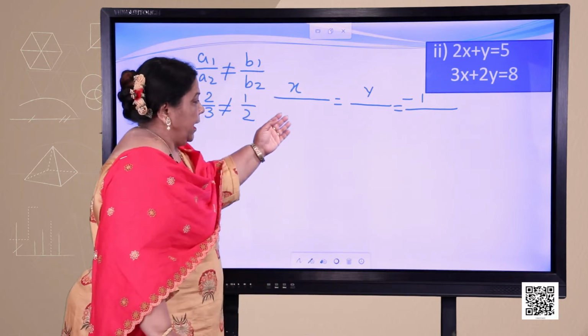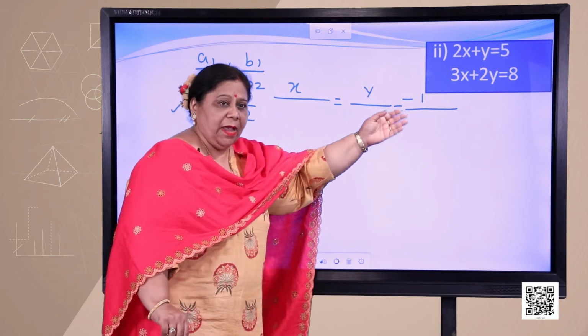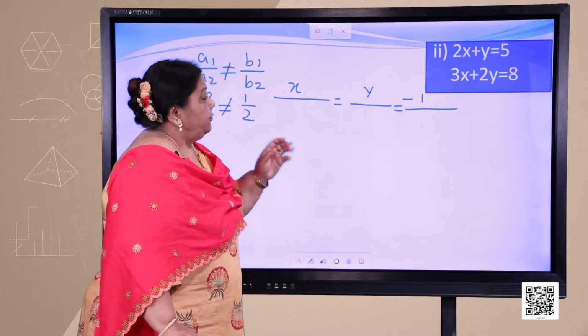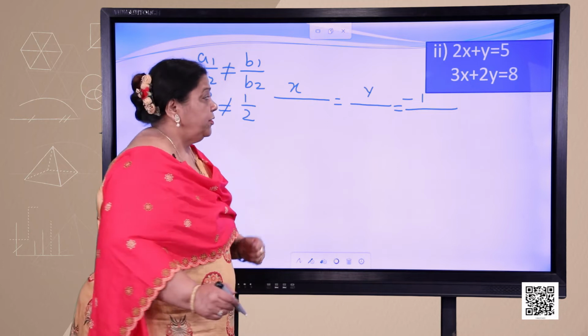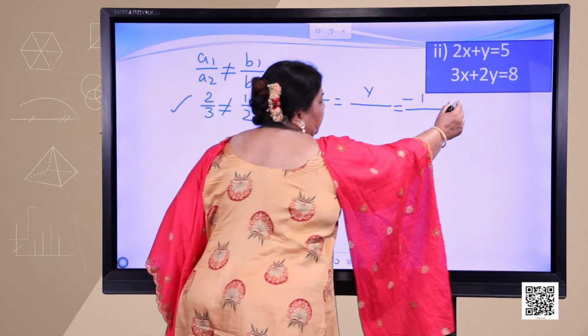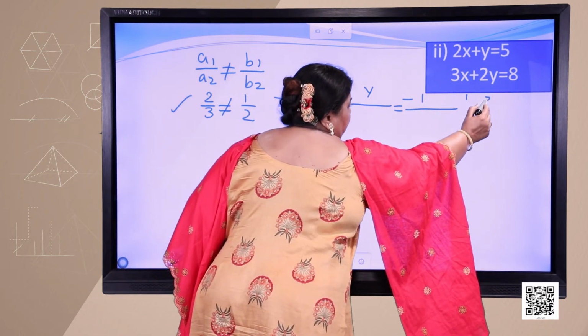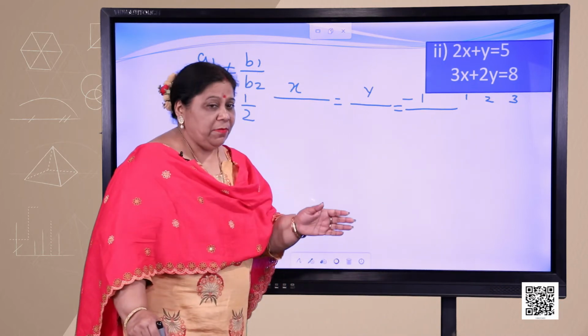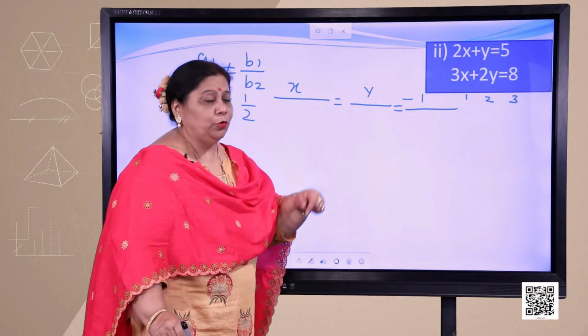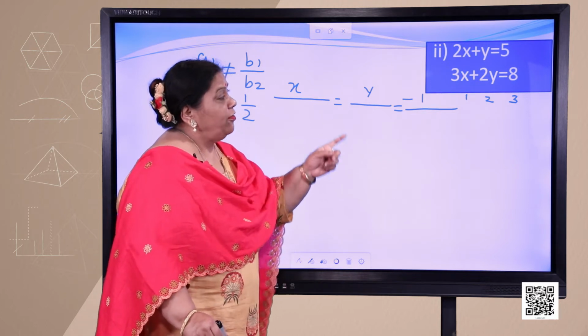We write down x is equal to y is equal to minus 1 and we follow a pattern 2 3 1 2. What is 2 3 1 2? We take coefficients of x as 1, coefficient of y as 2 and constant as 3. So, we will remember the number 2 3 1 2. 2 means coefficients of y.